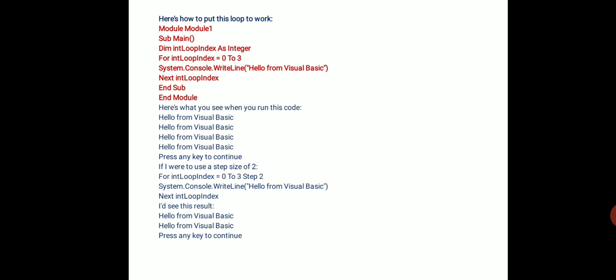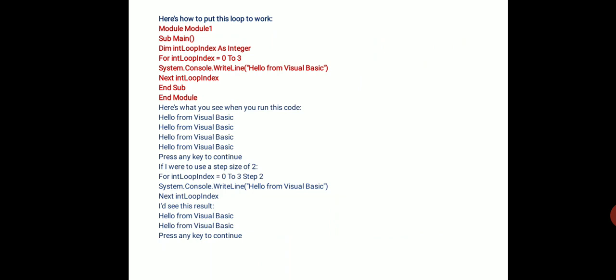So here is an example. Dim intLoopIndex As Integer. intLoopIndex is declared as an integer, and For intLoopIndex = 0 To 3, System.Console.WriteLine "Hello from Visual Basic", Next intLoopIndex, End Module.